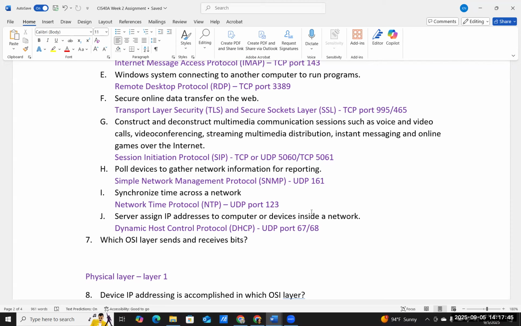And it's a lease, so it could be for 60 days, 30 days, we can configure it. And it uses UDP port 67 or 68. Any question? Okay, like I said, try to remember the port number with the associated protocol and what it's used for.